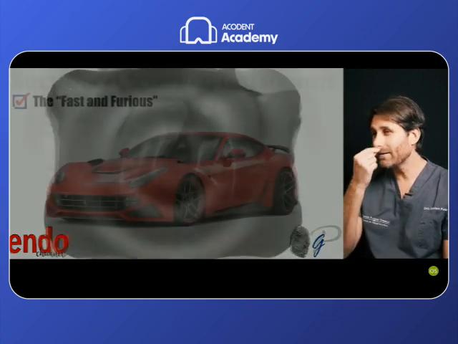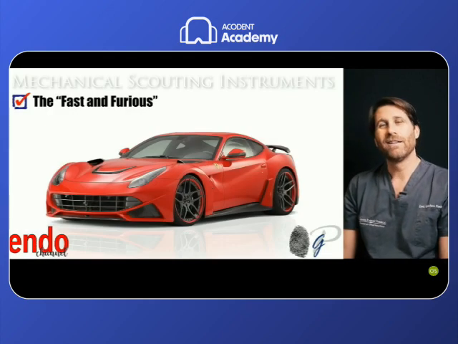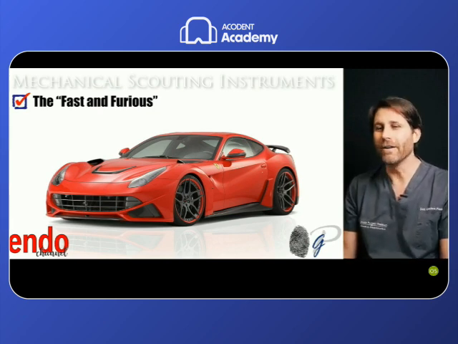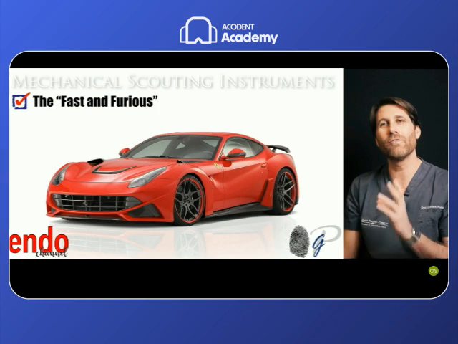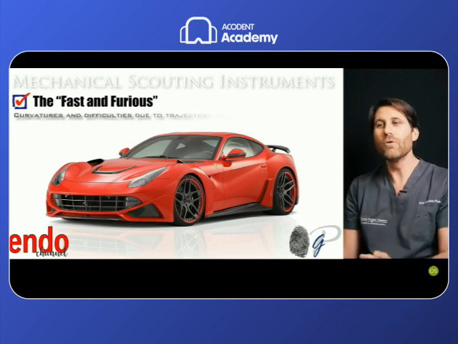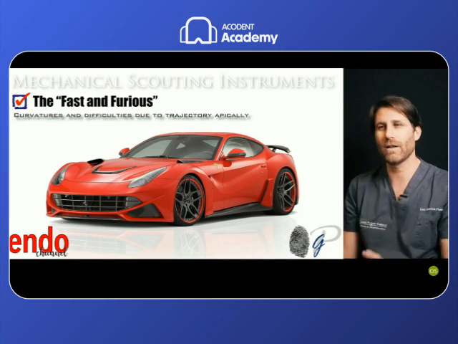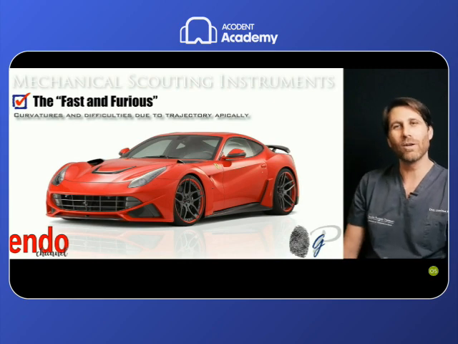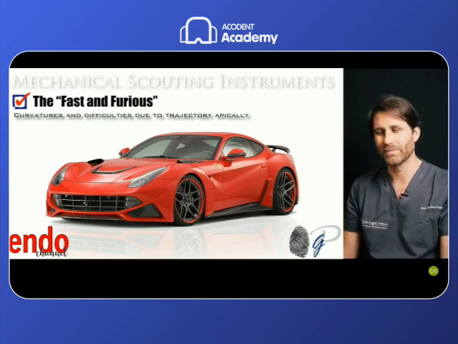So differently from the hammer that we have used for the coronal scouting, here we need a Ferrari for a fast and furious scouting of the most difficult apical complications, curvatures and difficulties due to apical trajectory. We need to maintain our instrument inside the curvatures, inside the curves, without going off-road.